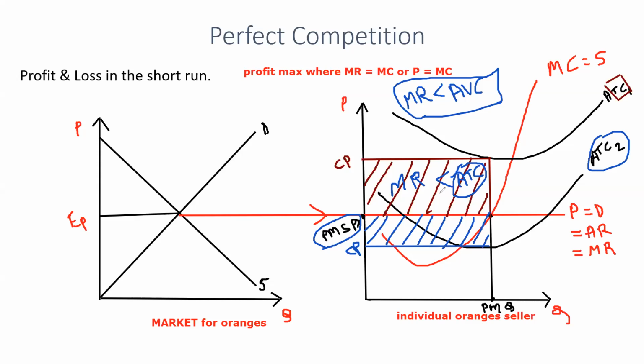You will probably shut down if you're not able to make enough money to bear the average variable cost. Average variable cost is the cost incurred for paying your employees and for buying raw materials.